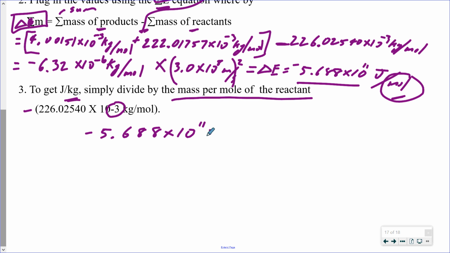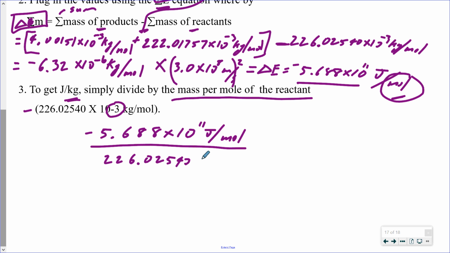Okay, so a big number here, joules per mole. Writing down the units so you can see what cancels out. We're going to divide that by our 226.02540 times 10 to the negative 3, and this is now kilograms per mole. So what's going to cancel out for us is the moles.